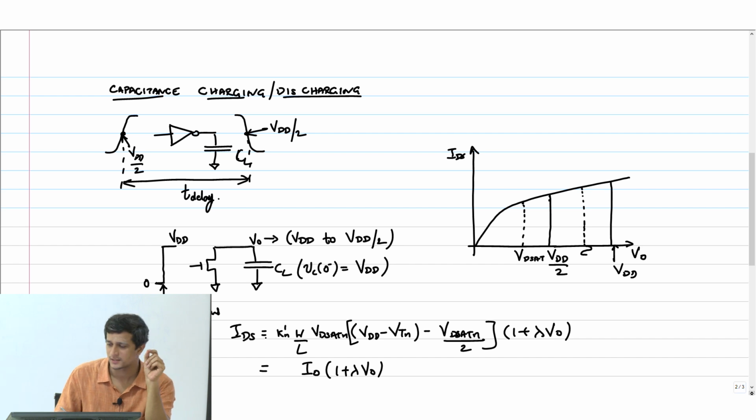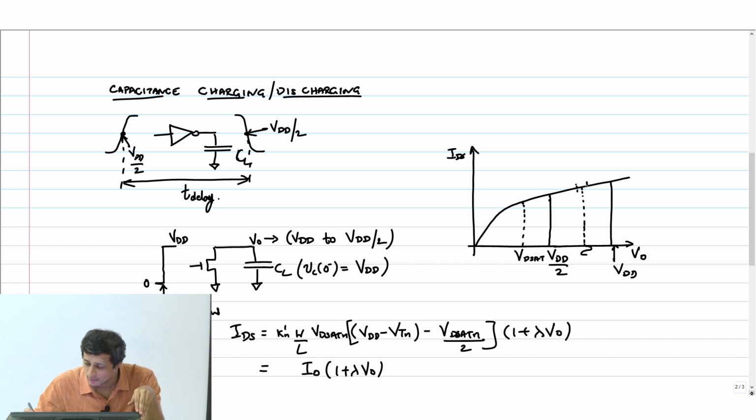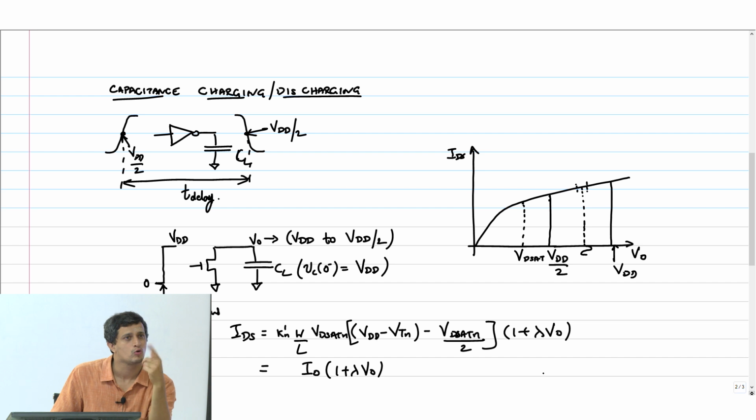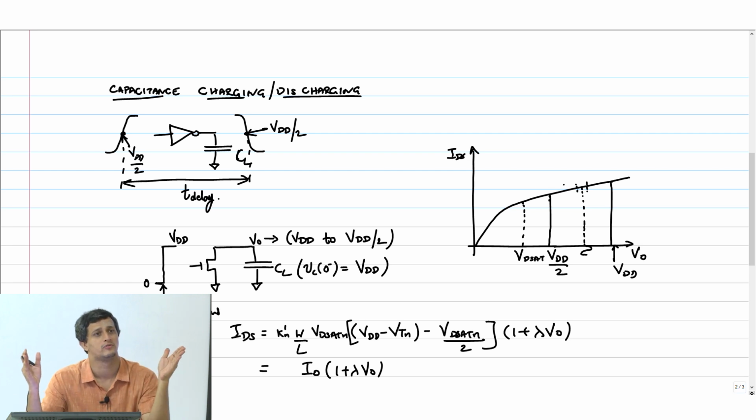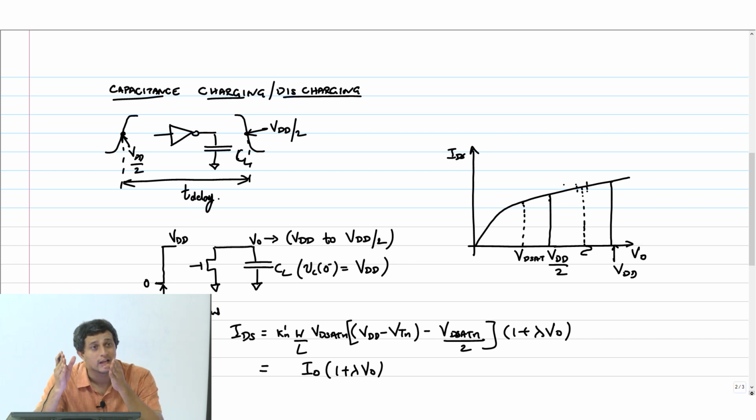So in some sense we have linearized this whole thing here. So when you do a Taylor series there, you got to take a derivative and then you expand it in terms of the input variables. So therefore you take derivatives there. But here I am actually discharging it from VDD to VDD by 2. It's such a large range, right? So I cannot do that small signal analysis of taking a derivative here. I have to find some other way of finding the resistance, average resistance now, which is a function of V naught, right?